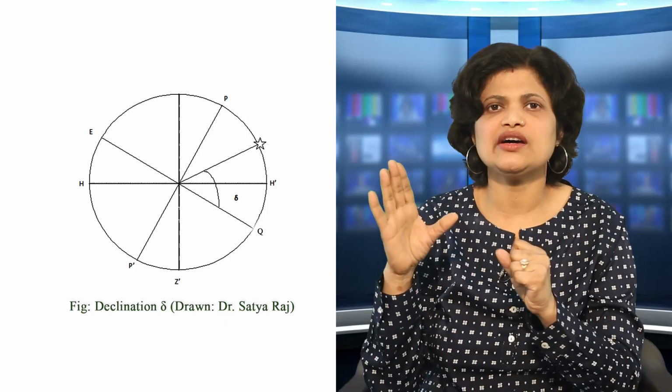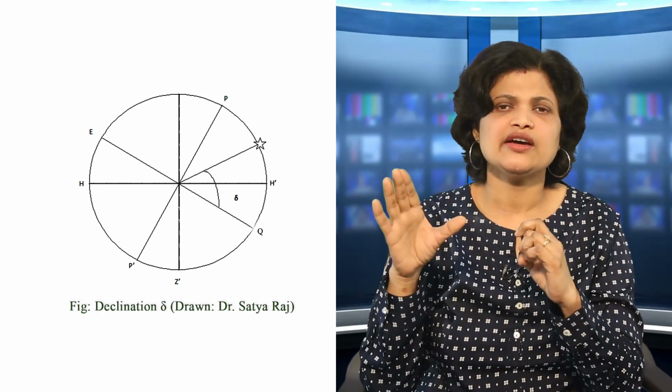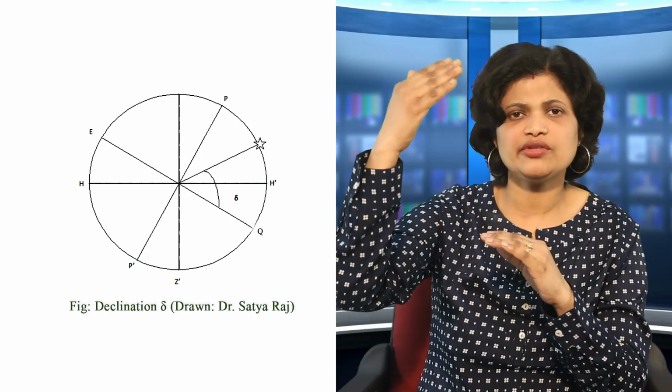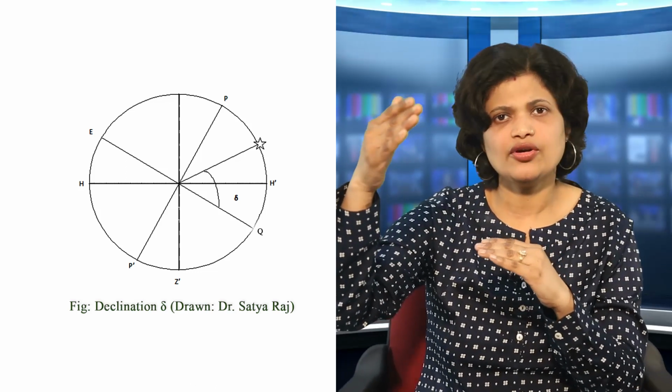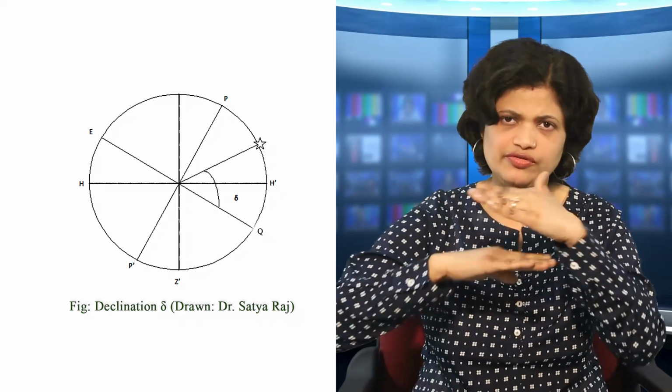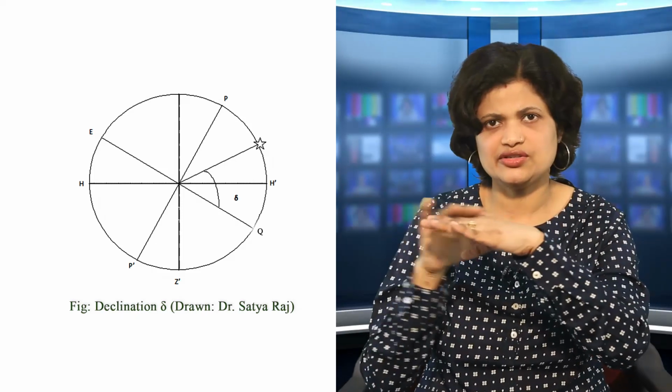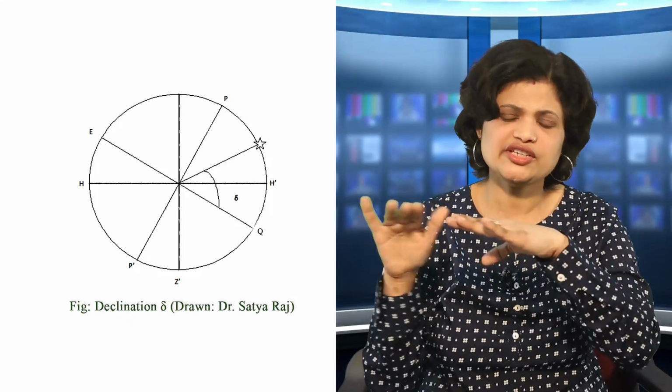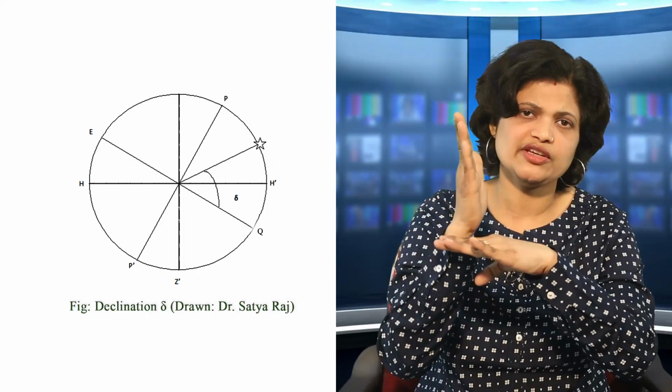The sun's angular distance varies up to a maximum of 23.5 degrees north and south of the equator, which is at 0 degree. Based on this we get equinoctial tides and solstice tides.